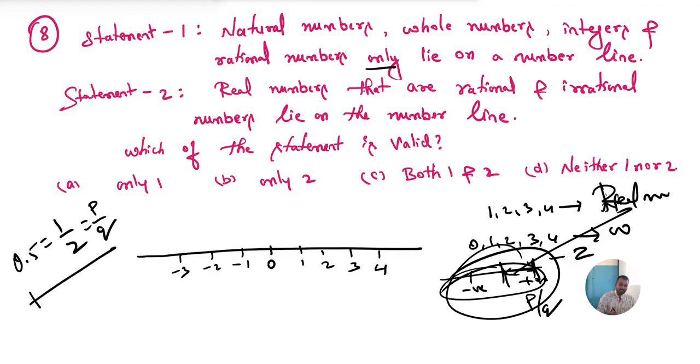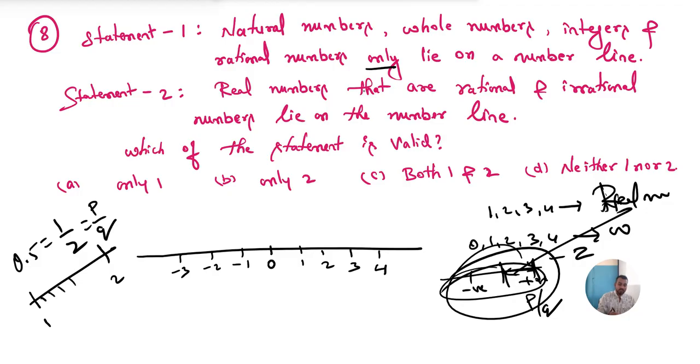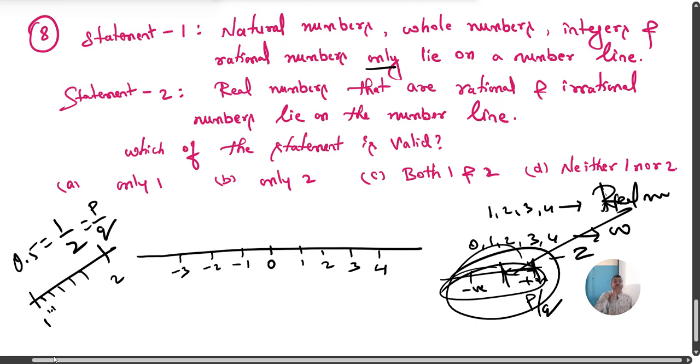So this is my 1, this is my 2. This is 1.1, this is 1.2, this is 1.3, 1.4, 1.5. Now I'm just taking a small example. After 1, what is coming? 1.1. Between 1 and 1.1, again we are getting some numbers. That is 1.11.